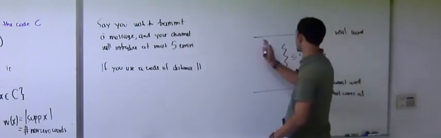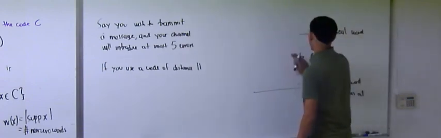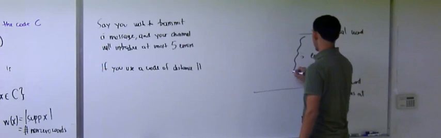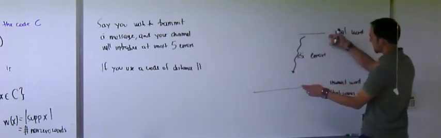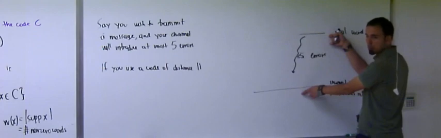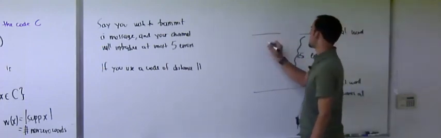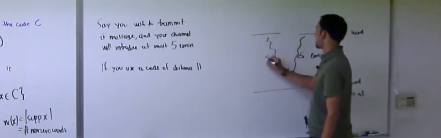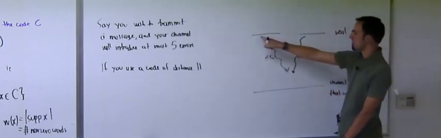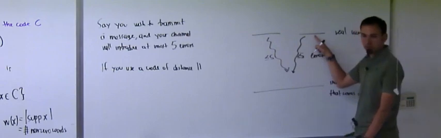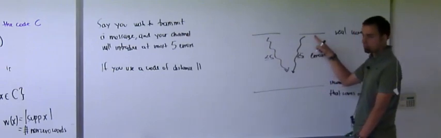Because if there was, if the distance between this real word and this incorrect word was at most 5, and the distance between this other real word and the incorrect word is at most 5, then that would make the distance between this real word and this real word at most 10.